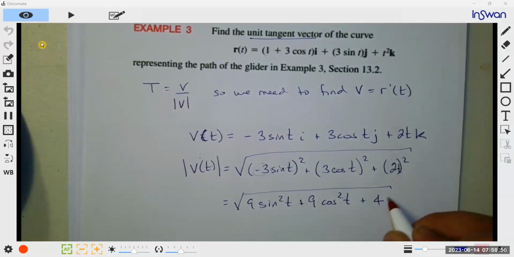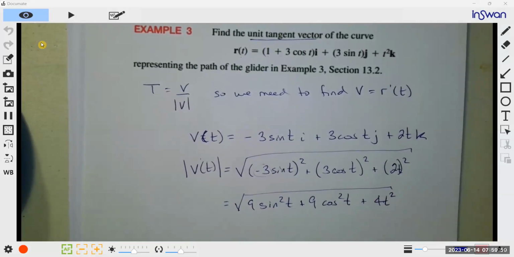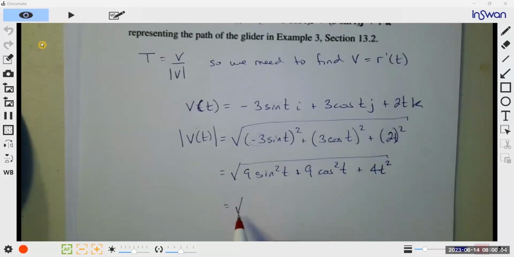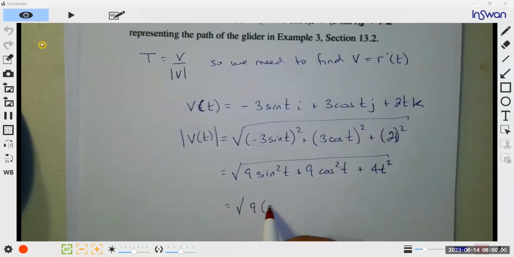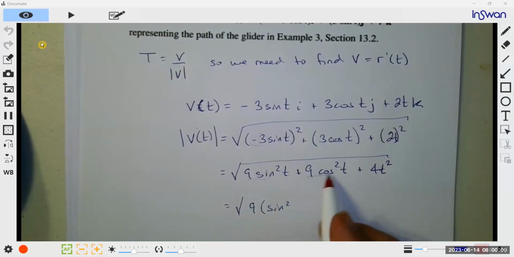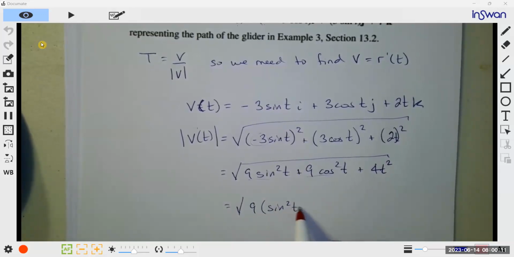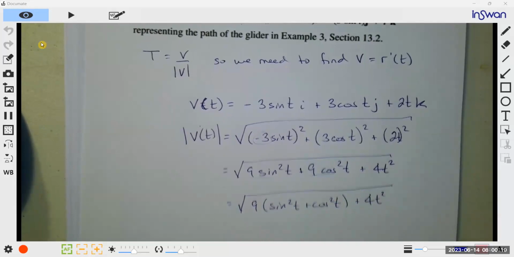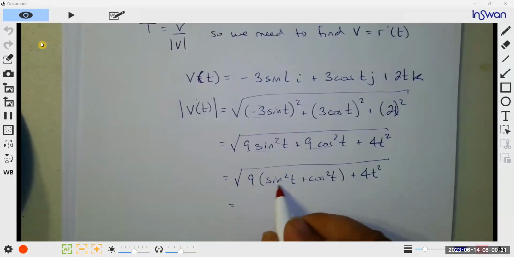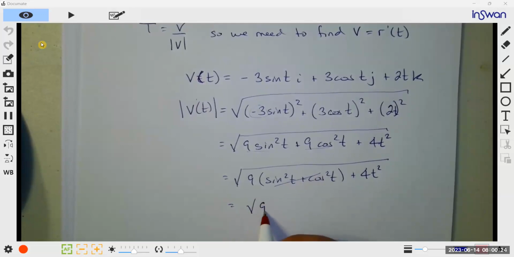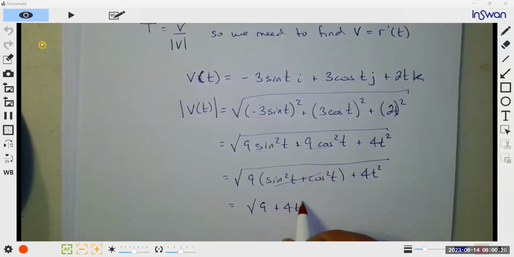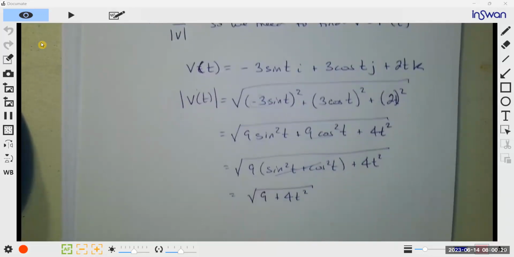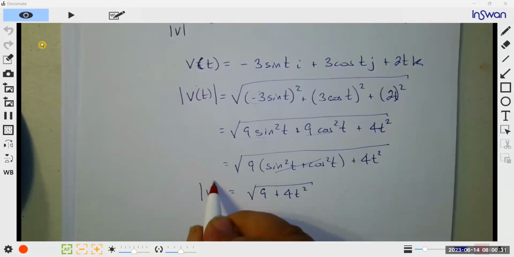No, it's 2t, so 4t squared. These two have 9, so we can factor those out. So we have sine squared t plus cosine squared t plus 4t squared. Sine squared plus cosine squared is 1. So that is our magnitude.